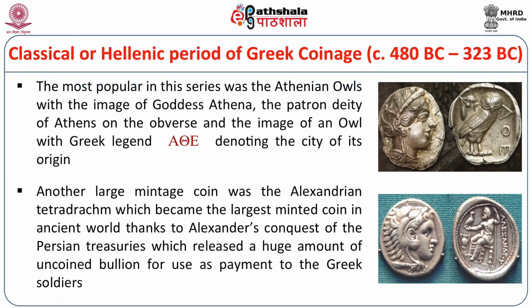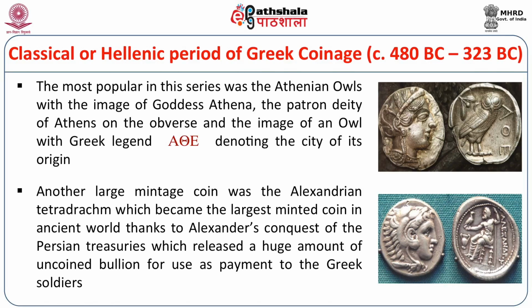So the most famous coins of the classical period of the Greeks was the Athenian owl. These were coins which were impressed on one side the image of goddess Athena, who was the patron goddess of the city of Athens. And on the other side, we see the image of an owl.